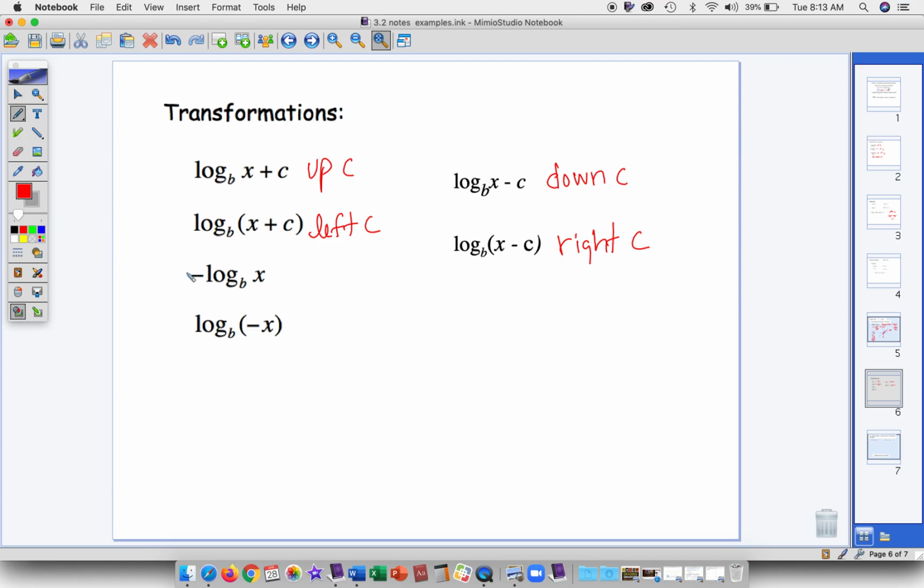If there's a negative out front, that's a reflection over the x-axis. And if there's a negative right in front of the x, then this would reflect, I'm just going to put quotes to copy down, reflect over the y-axis.